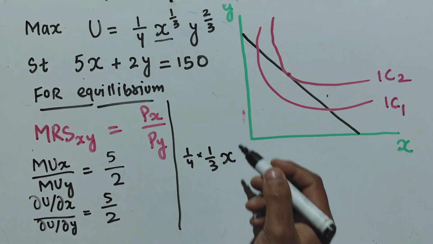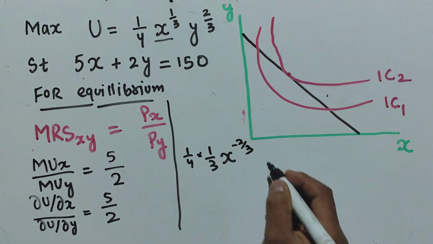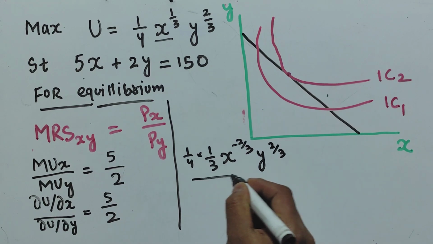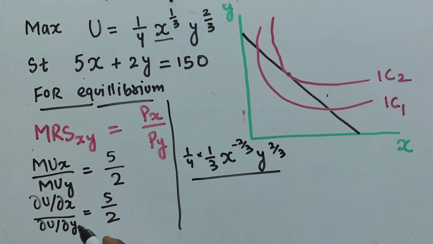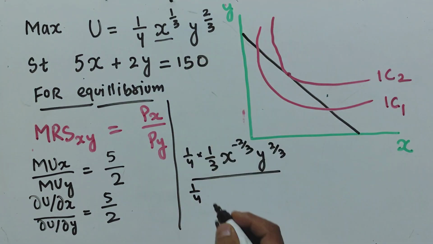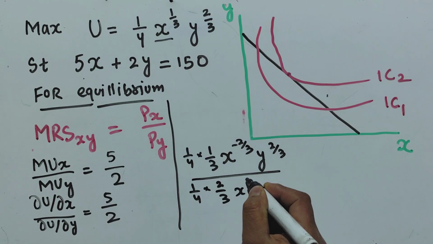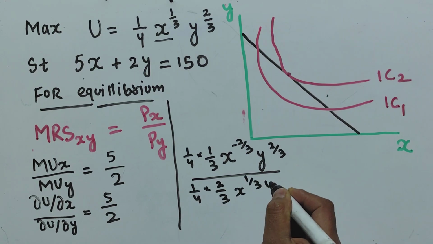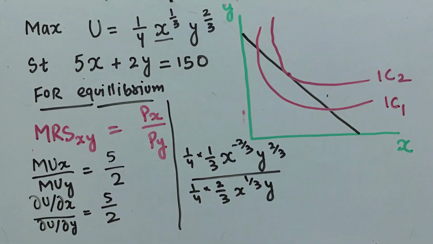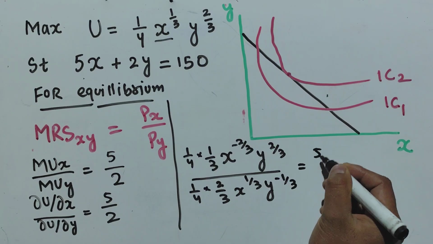So 1/3 minus 1 becomes minus 2/3, and y raised to the power 2/3 remains the same because we are taking partials with respect to x. Symmetrically, du/dy will be equal to 1/4, the exponent of y becomes the coefficient, so we have 2/3, x raised to the power 1/3 remains the same, and the exponent of y is subtracted by 1, so 2/3 minus 1 is minus 1/3, and it should be equal to the ratio of the prices, 5 upon 2 here.